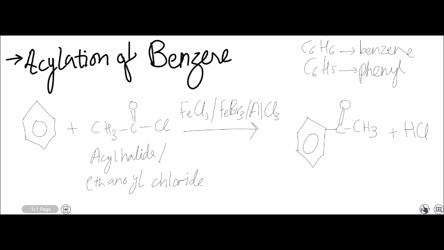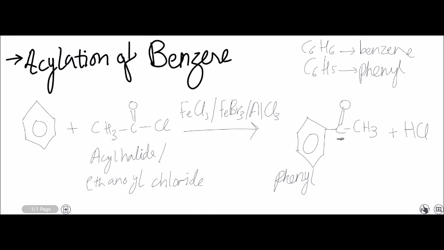So this product over here, along with hydrogen chloride, this ring will not be known as benzene anymore. It will be phenyl. And then this carbon has two groups on either side, and it has a double bond attached with it as well.